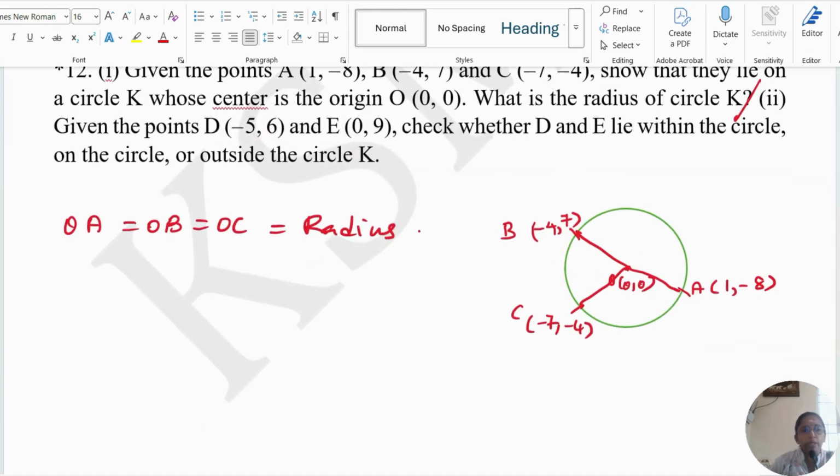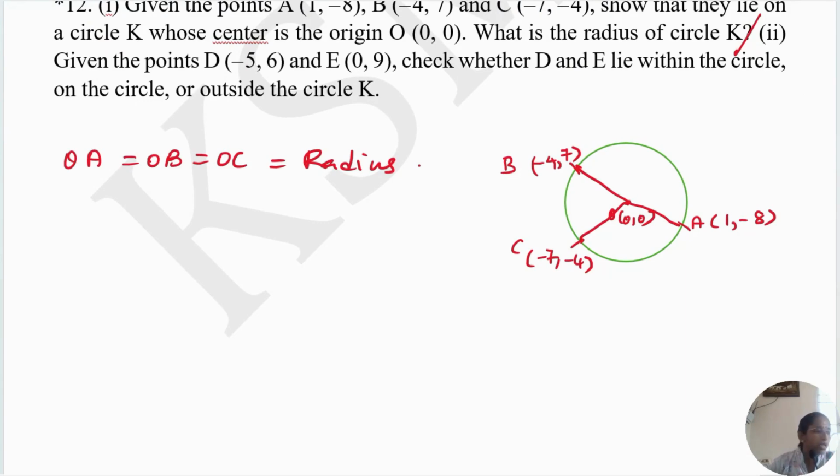Now, using your distance formula, you can calculate the radius of the circle given in the problem. You know the distance formula: square root of (x2 minus x1) the whole square plus (y2 minus y1) the whole square. First we are going to find the distance between O and A. O is (0, 0) and A is (1, -8).